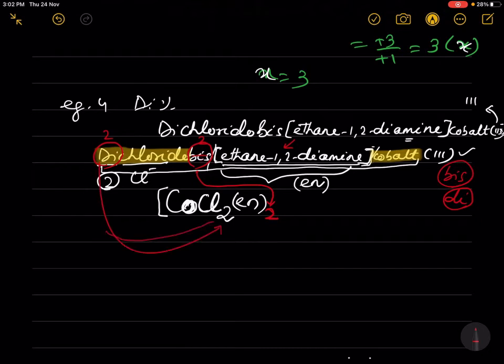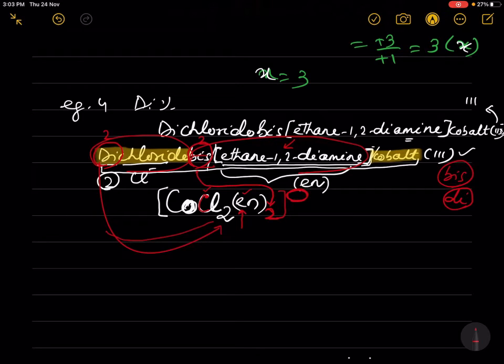CoCl2(en)2. Then I think all the ligands are written alphabetically. Chlorine, then E. And you know, in ethane 1,2-diamine, the first letter of the abbreviated name is written first, E, and this is C. So CoCl2(en)2. Then square bracket ends. Then I have to write the charge above the coordination entity.